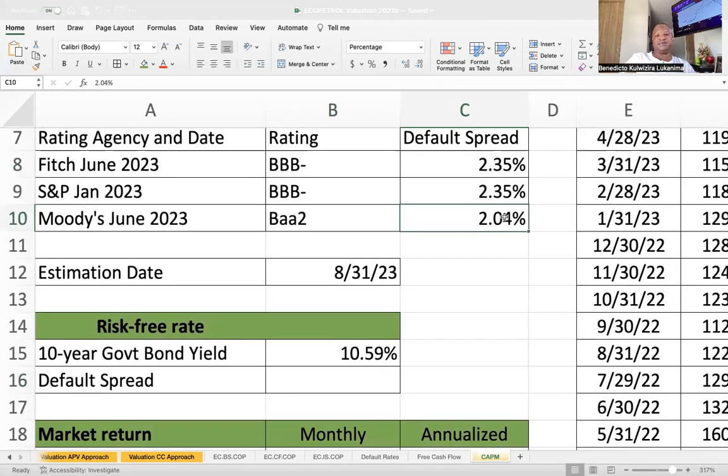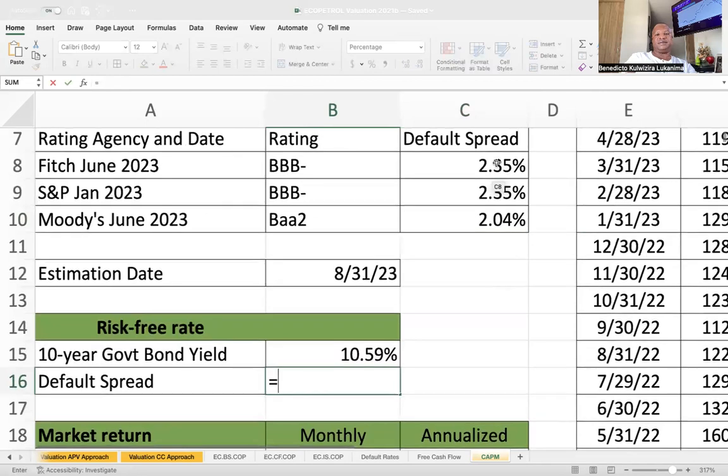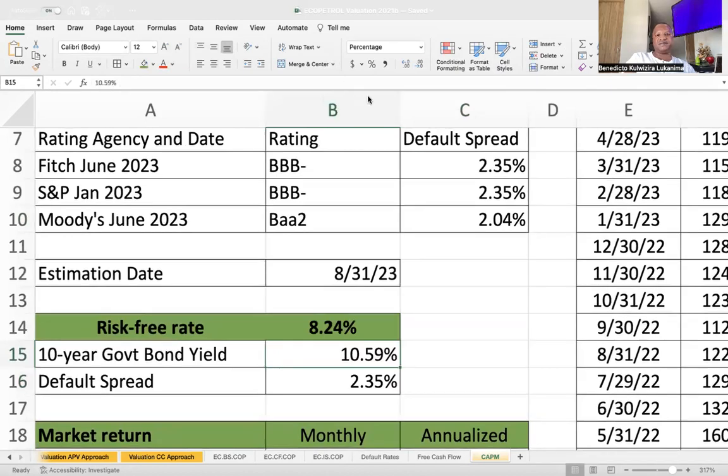There's no problem. So I'll say that is equal to 2.35. And therefore, I'll calculate the risk-free rate as government bond yield minus the default spread. We are done with the risk-free rate.